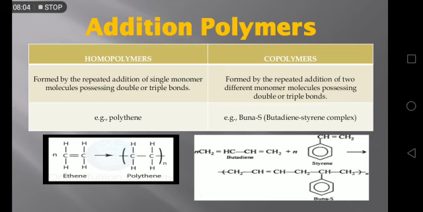When a carboxylic functional group reacts with an alcoholic functional group, they get joined by ester linkage and a water molecule is eliminated. That is condensation. So copolymers can be formed by condensation reaction also. They can be formed by addition reaction also. Here it is addition reaction giving rise to this copolymer.